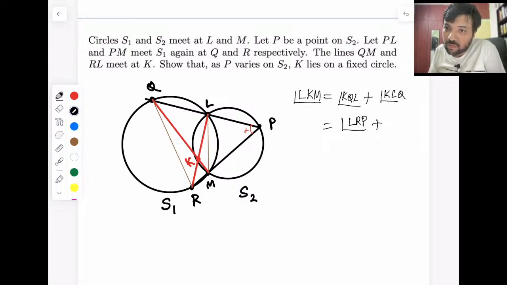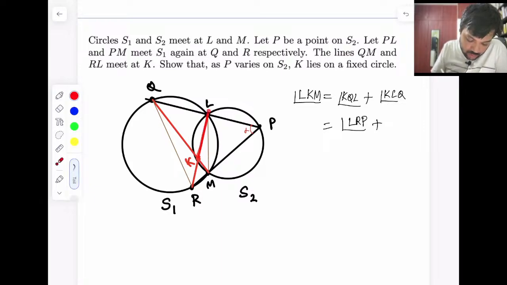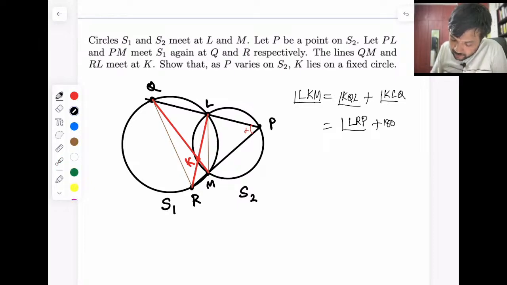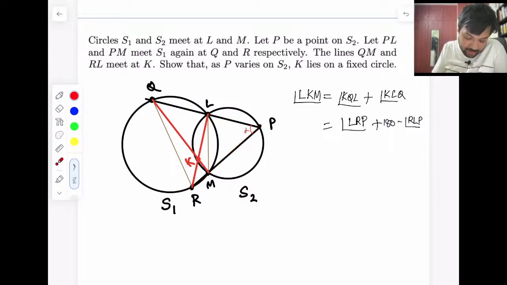Oh, wait, there is some strategy in chat, was there some better way to do it? KLQ is 180 minus RLP. So 180 minus RLP. But I like this because LRP and RLP are coming, right? So I thought something will happen. Maybe I'm wrong now. LRP, or I didn't even need that, I think.